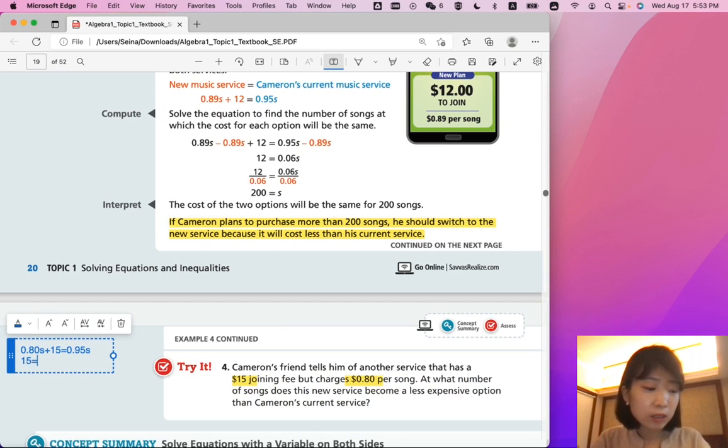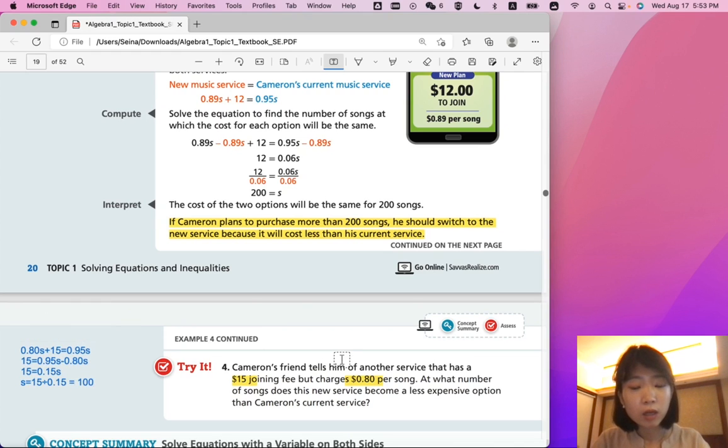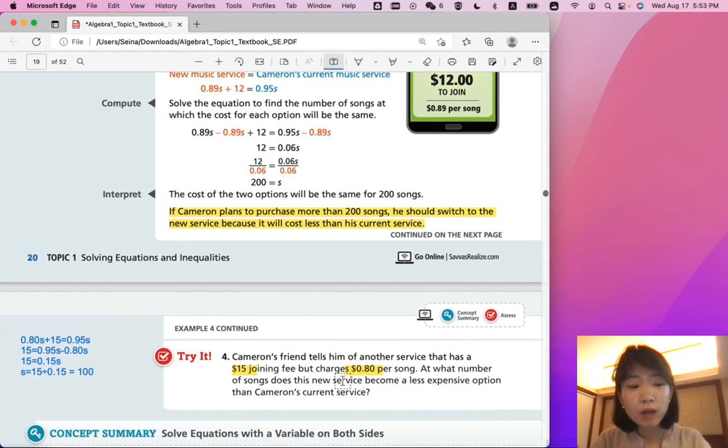So 15 is equal to 0.95 S minus 0.80 S when you subtract 0.8 S on both sides. Combining like terms, you get 15 is equal to 0.15 S. And so S is equal to 15 divided by 0.15. And that's equal to 100. So what does that mean?